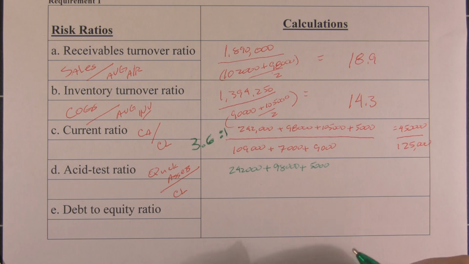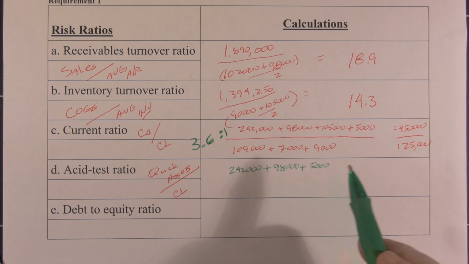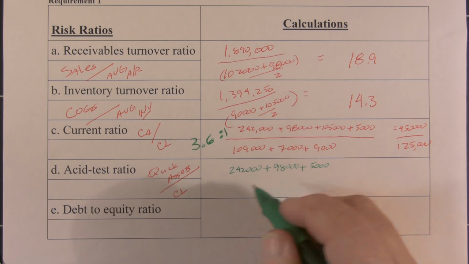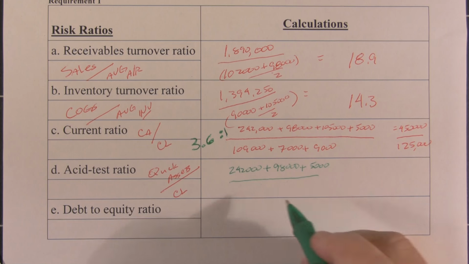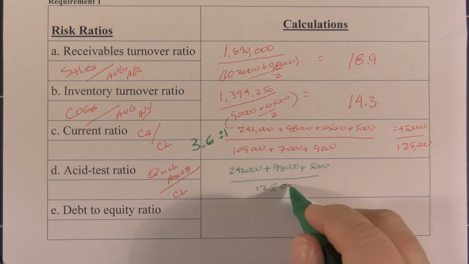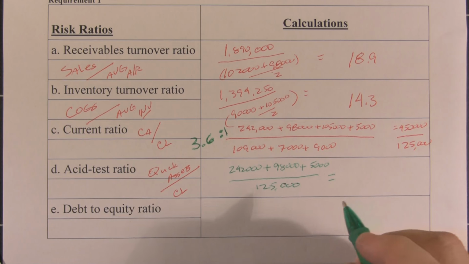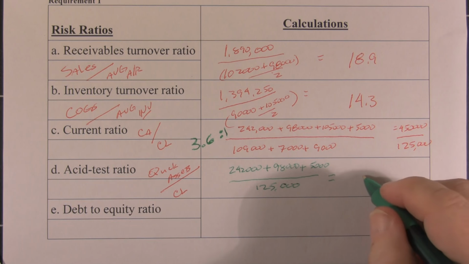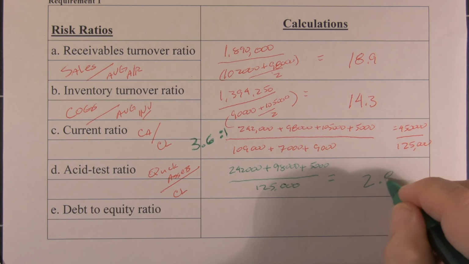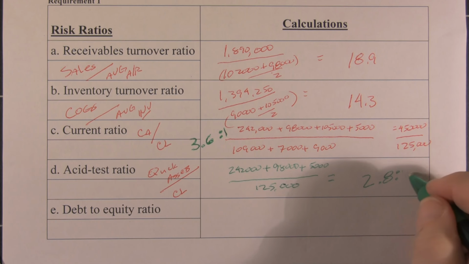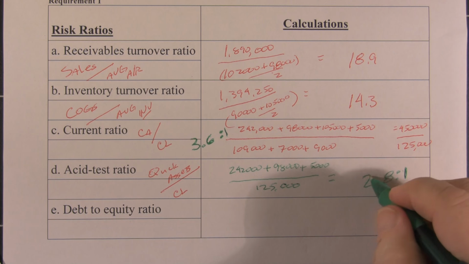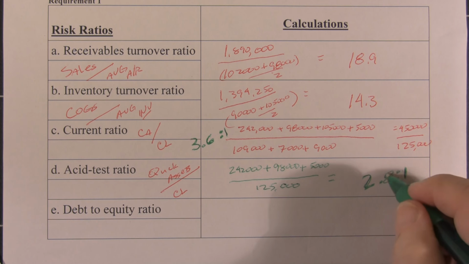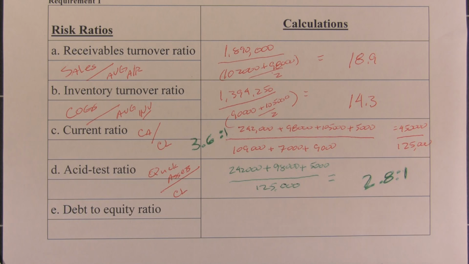So there's our quick assets, just our cash, our accounts receivable, and our investments, and we divide that by the current liabilities that we determined earlier to be 125,000, and we come up with 2.8 to 1. So for every dollar of current liabilities, we have 2.8 of very liquid assets that we can use to honor those liabilities.